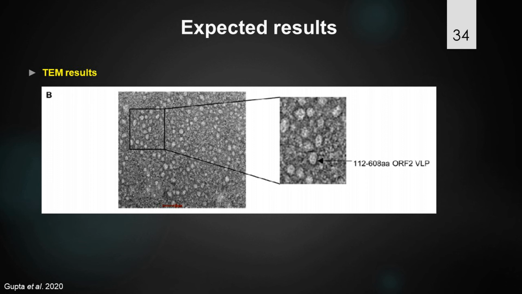And although the population obtained was heterogeneous, a large proportion of particles were 22 nanometers in diameter and were visible. This suggests that the purified ORF protein encoding the G protein antigen assembled into VLPs, as you can see.